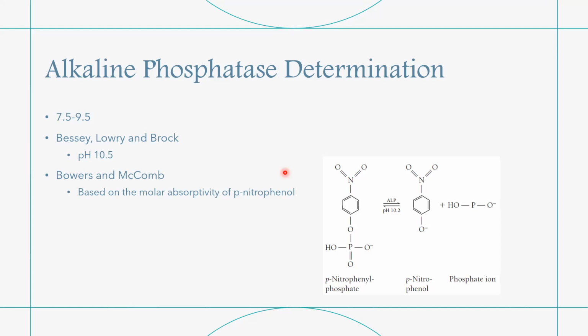Now, what is alkaline phosphatase? It is a hydrolyzing enzyme that catalyzes the cleavage of esters of phosphoric acid, again at alkaline pH. Remember that our alkaline phosphatase is responsible for the removal of the phosphate groups, and that is what we call dephosphorylation.